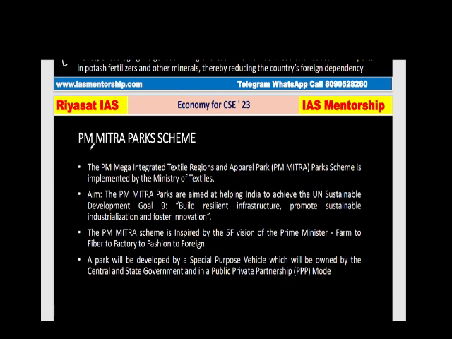Next, going ahead is your PM Mitra Park scheme. Very important. The Mitra has a full form, that is Mega Integrated Textile Regions and Apparel Park.